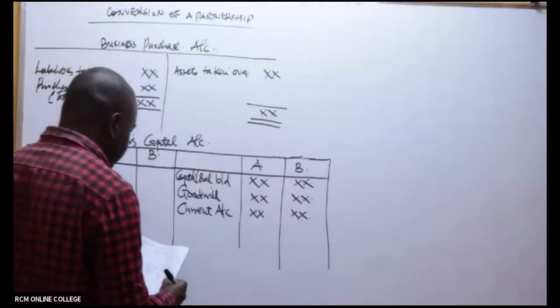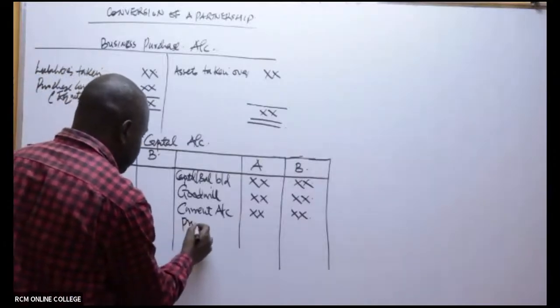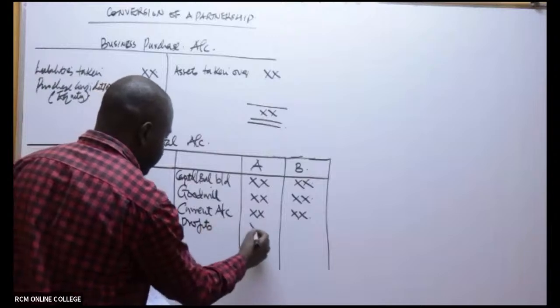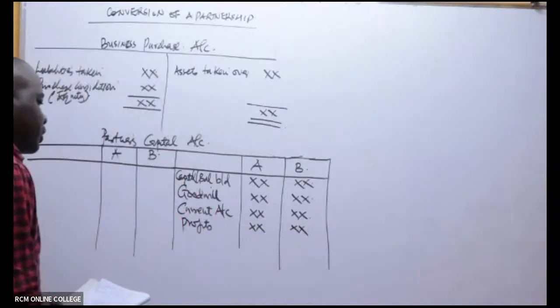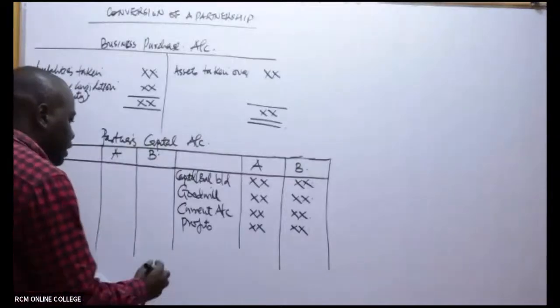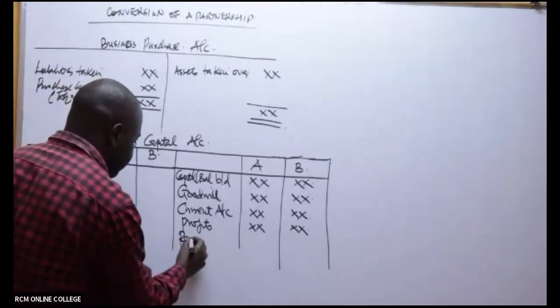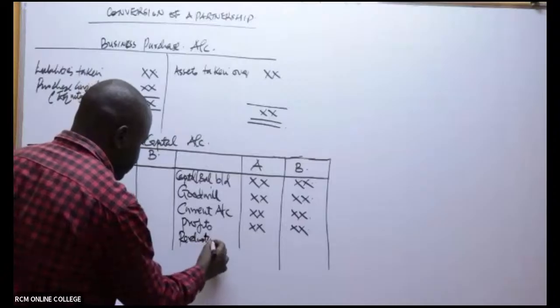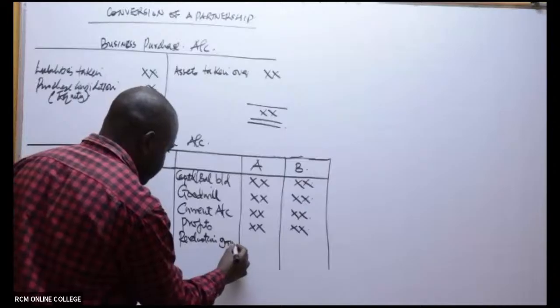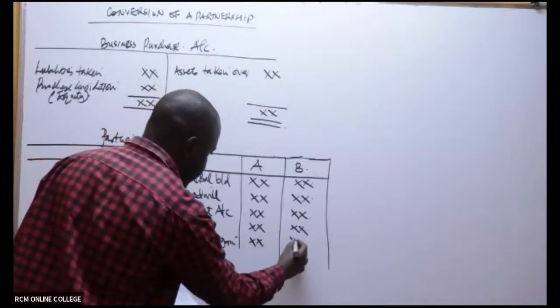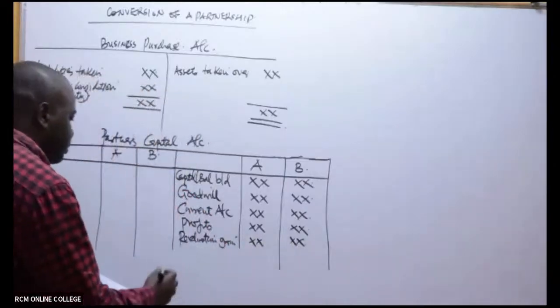For example, we can have the profits which they might have shared by the end of this business when they're converting it. There can be a revaluation gain they might have realized. You can place it there. Then maybe salaries.